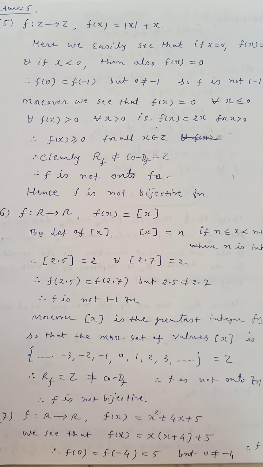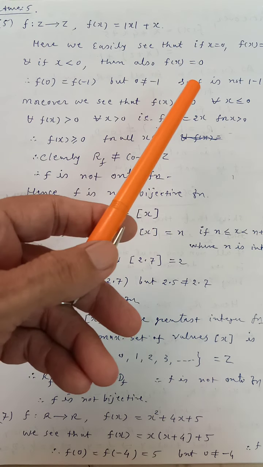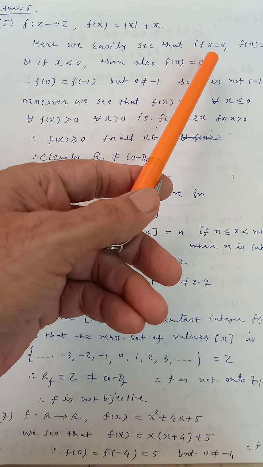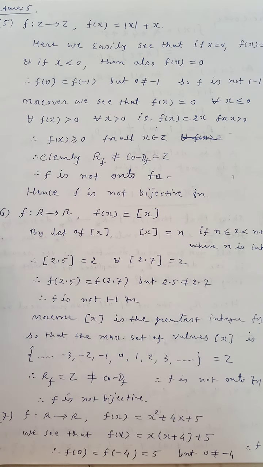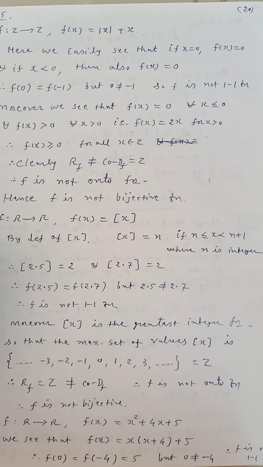See, the fifth sum is what? f from Z to Z, f(x) equal to mod x plus x. Here we easily see that if x is 0, f(x) is 0. How? Put x equal to 0, automatically f(x) value is mod 0 plus 0, which is 0.